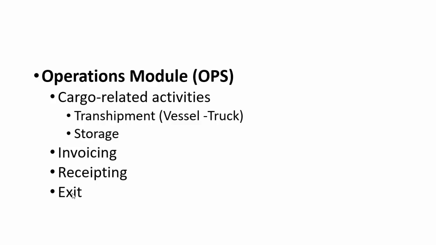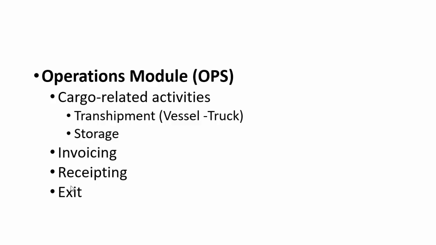Then storage is the activity of keeping the cargo in the warehouse, and also that is managed under this module. Then those two operations are invoiced. The transshipment is based on kilograms, and the storage is charged based on how long the cargo has stayed in the warehouse.